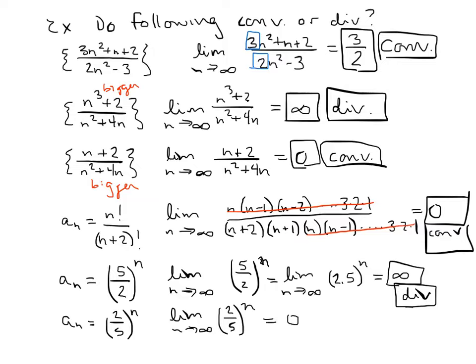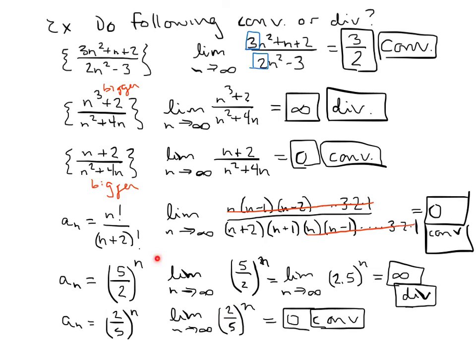This one goes to 0. So the difference on these two is that this one had a number bigger than 1 raised to an n, and that diverged. This one had a number smaller than 1, and so it converged.